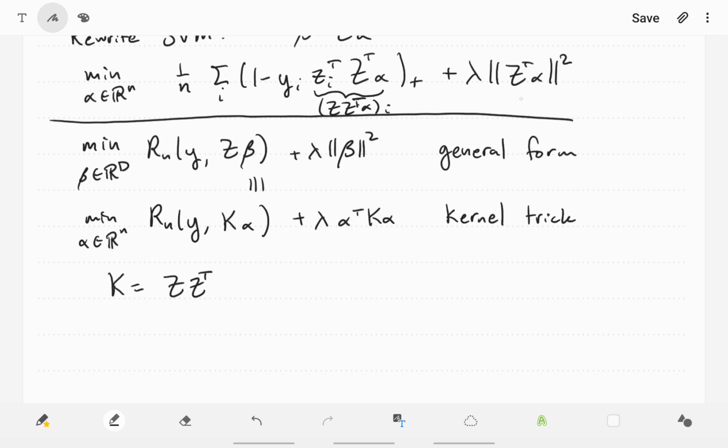And this term here, we can write as alpha transpose Z Z transpose alpha, and so this term is alpha transpose K alpha. And this is called the kernel matrix.